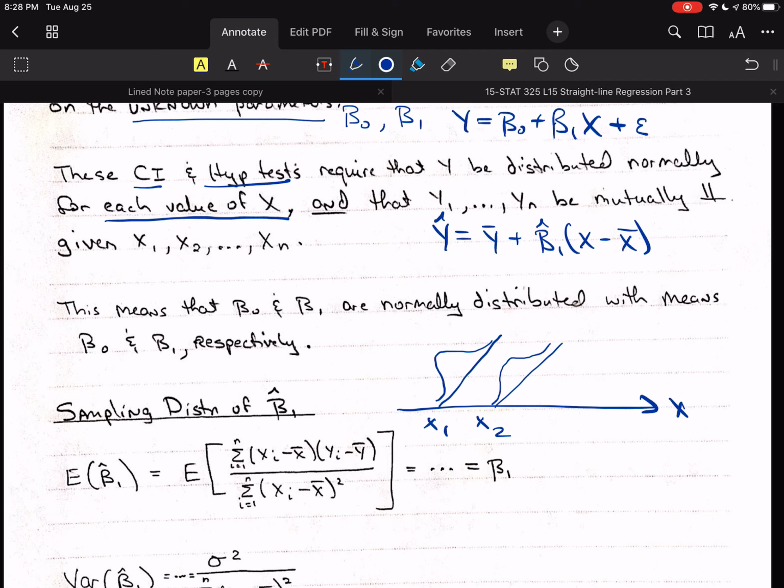So y1, y2, all the way up to yn have to be mutually independent given each value of x. This means that beta 1 hat and beta naught hat are normally distributed with means of beta 1 and beta naught respectively.